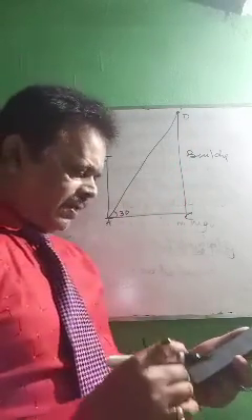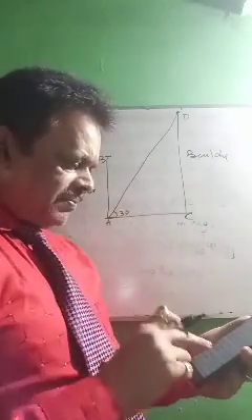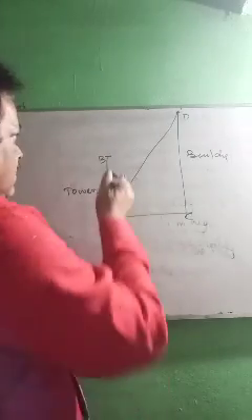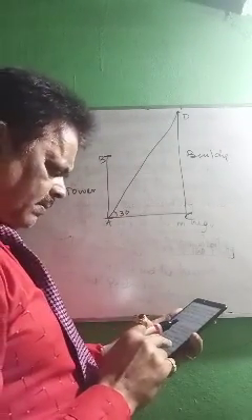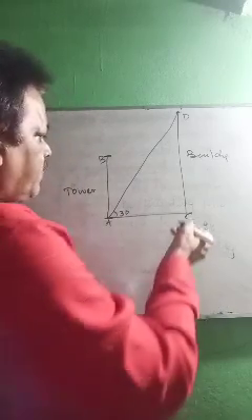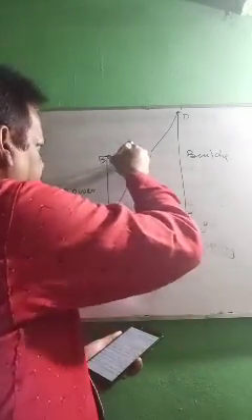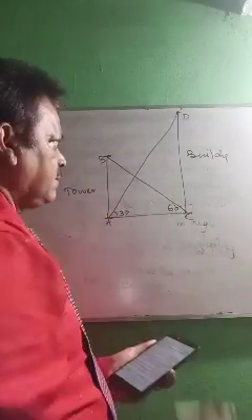Okay. Then what is there? And the angle of elevation of the top of the tower from the foot of the building. Foot of the building is this one. This is 60 degree.